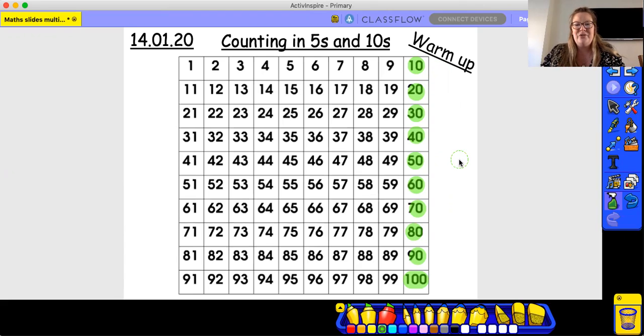Well done, Year 2. Did anybody spot when counting in 5s, we have to focus on this column as well, remembering that every 5 we add takes us to our 10.